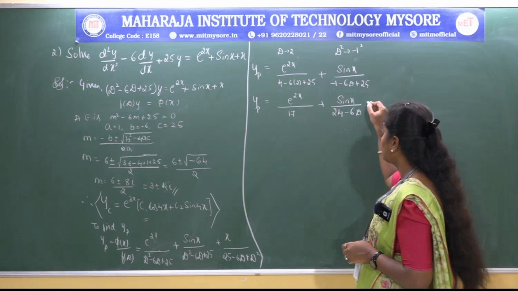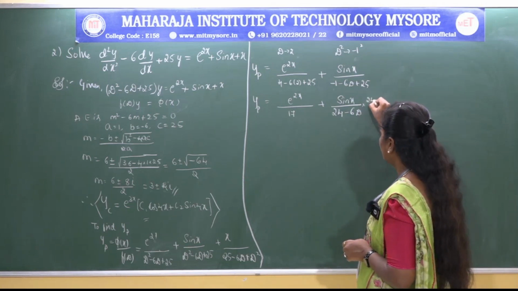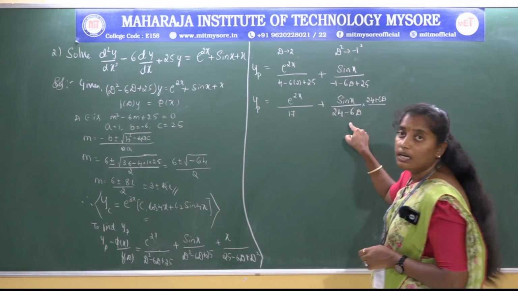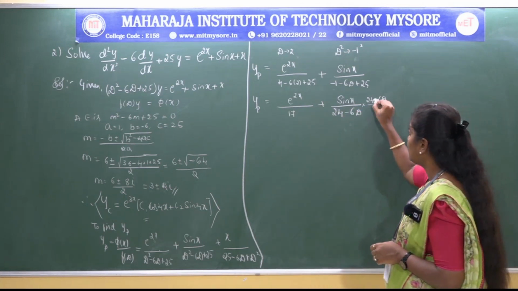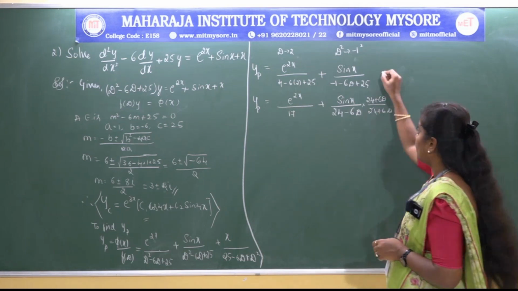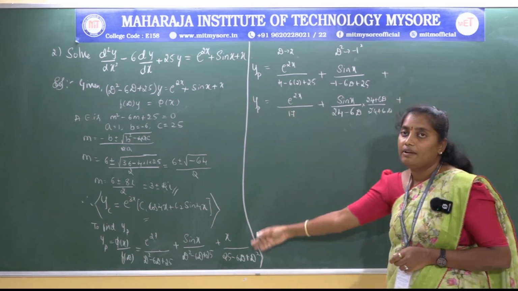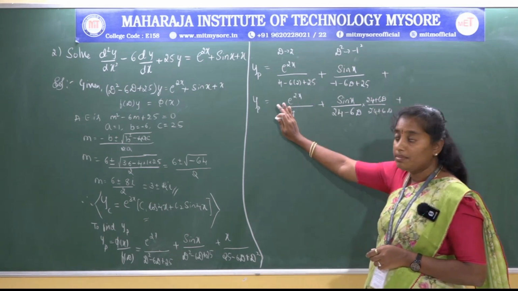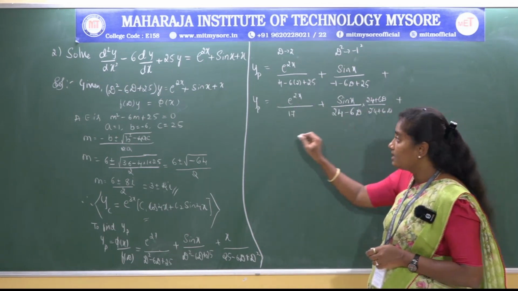Since the d element exists, we have to multiply by 24 plus 6d, that is the conjugate of the denominator. We have to write one more term here, by dividing the last term. Here the solution of the first term is completed. We need to simplify this.